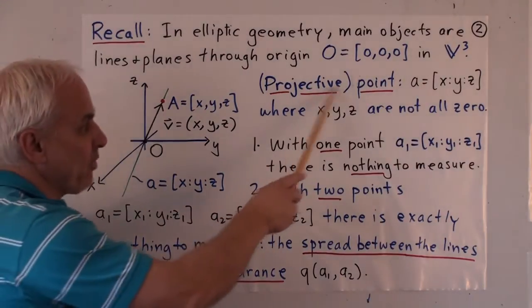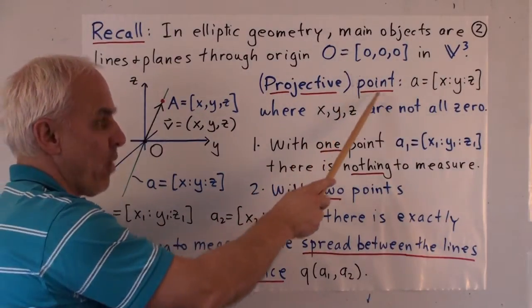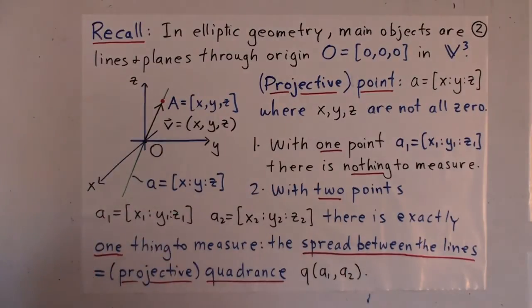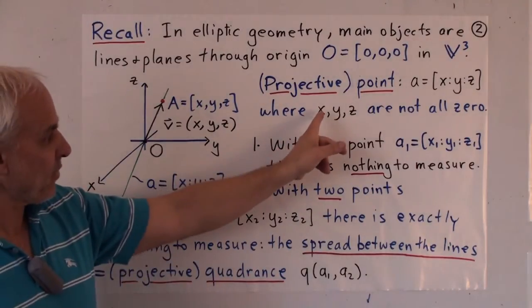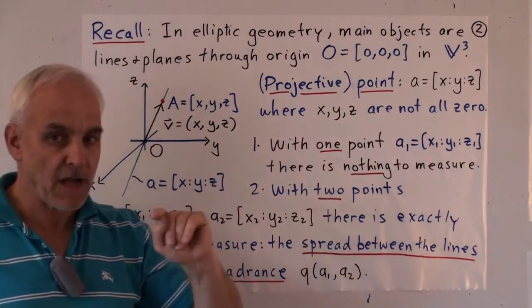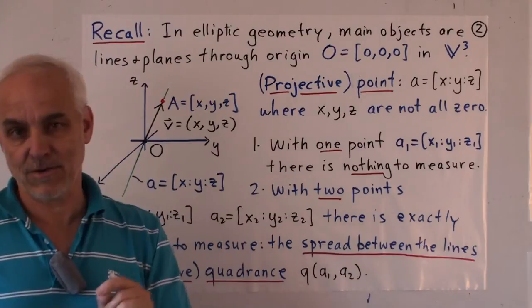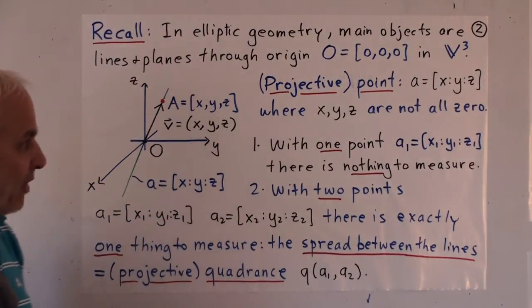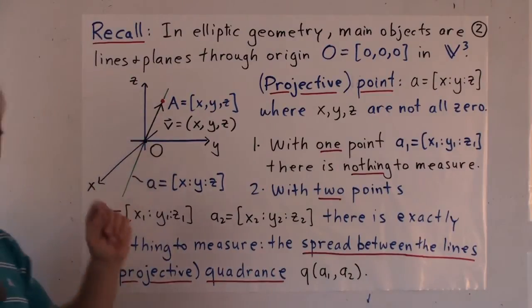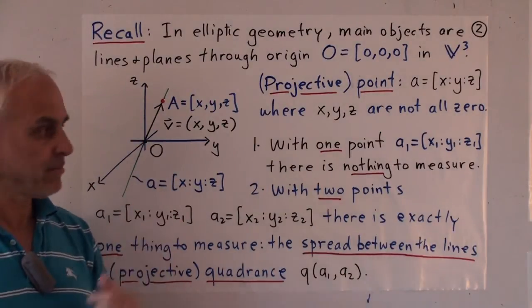And we'll often call that a projective point, or just a point in this projective story. And one slight condition that we need to have satisfied is that the three numbers x, y, and z are not allowed to all be 0. One of them or two of them can be, but they're not all allowed to be 0, because then we would not have any real direction.